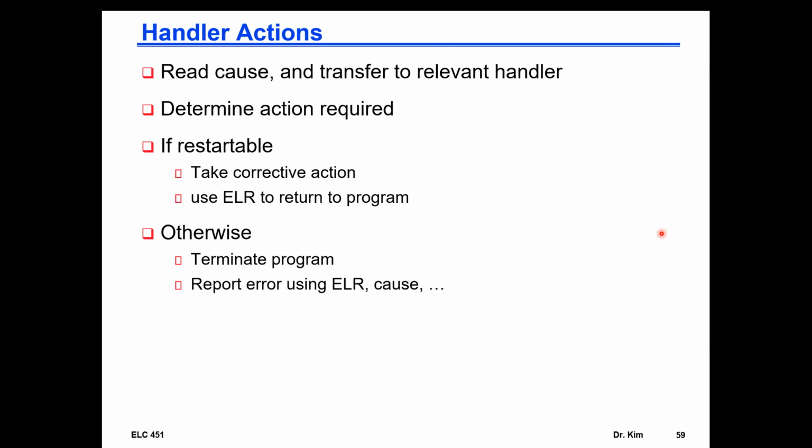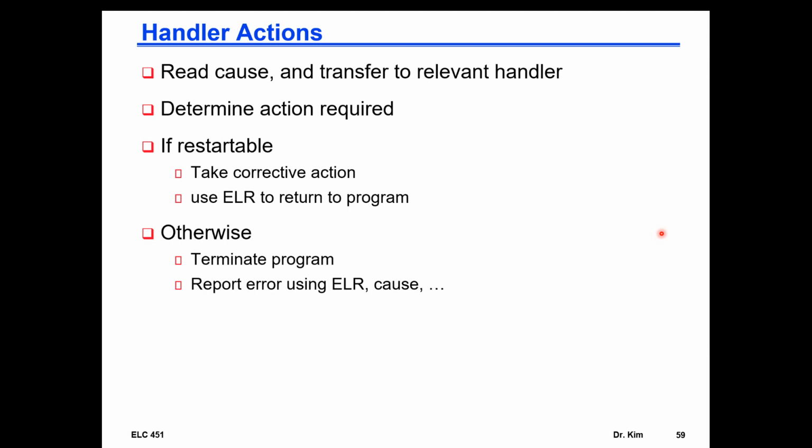If the cause is deemed to be restartable, meaning that you can absorb that error and gracefully continue with the operation of the program, you would take that small corrective action and use the exception link register to return to the program at the offending instruction and restart it.